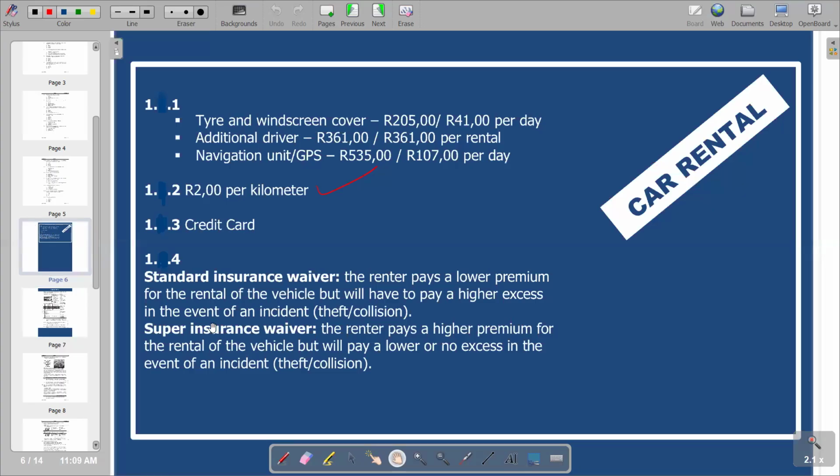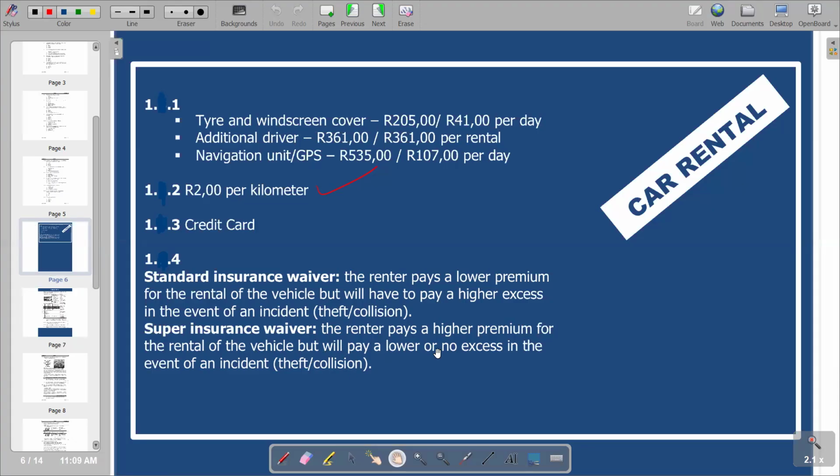Then, secondly, we have the super insurance waiver, which is just the opposite of the standard insurance waiver, whereby the renter pays a higher premium. Under standard insurance, it is a lower premium. Here we're saying the renter pays a higher premium for the rental of the vehicle, but pays a lower or no excess in the event of an incident, for example theft or collision.